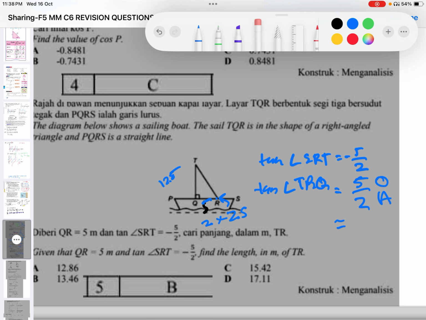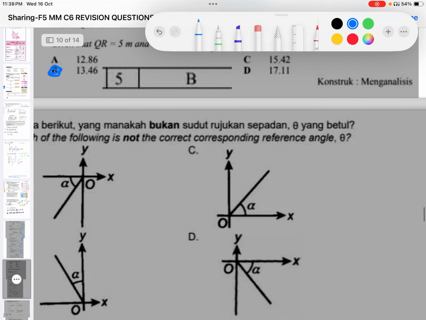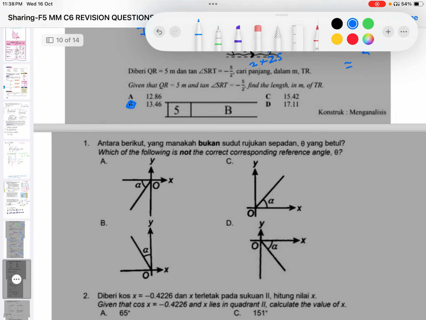So using theorem Pythagoras, kita boleh kira 12.5 kuasa 2 tambah 5 kuasa 2. So tekan, kita akan dapat 13.46, which is B.